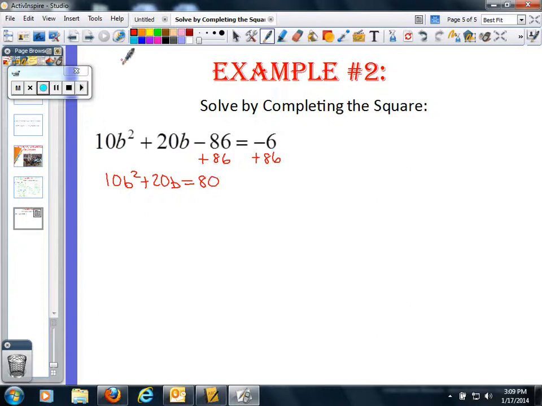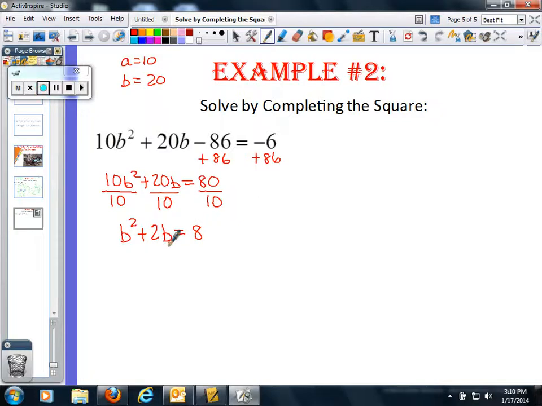Now my a is 10 right now, my b is going to be 20. That's going to change though. So this is kind of where we factored out the 10 before to complete the square. Now I'm going to divide everything by 10, which is going to give me b squared plus 2b equals 8.